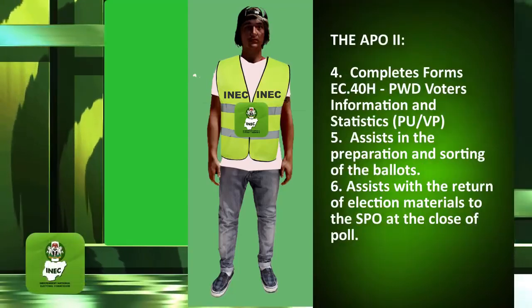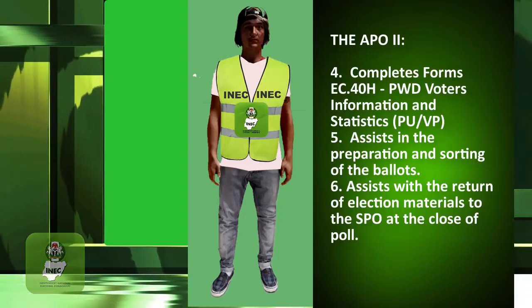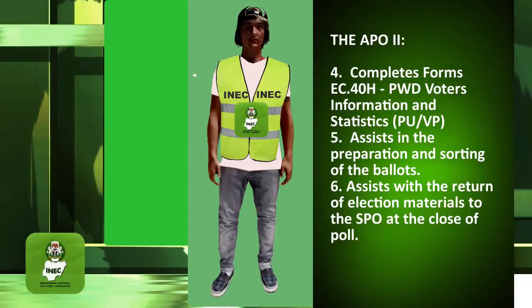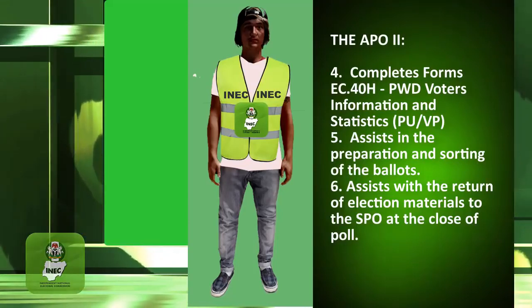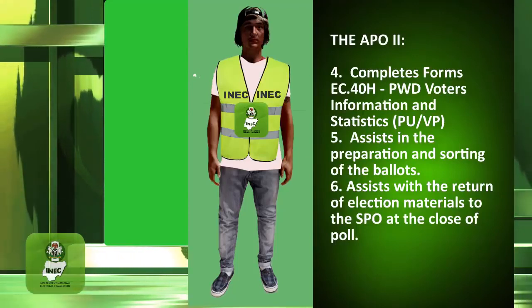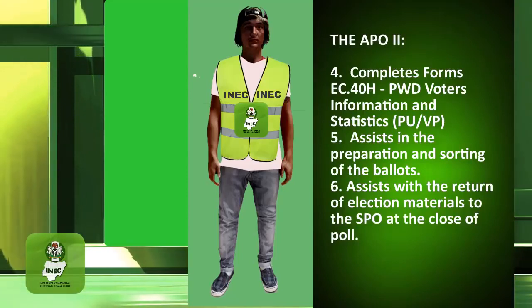Completes form EC40H, PWD Voters Information and Statistics, PU or VP. 5. Assists in the preparation and sorting of the ballot. 6. Assists with the return of election materials to the SPO at the close of poll.